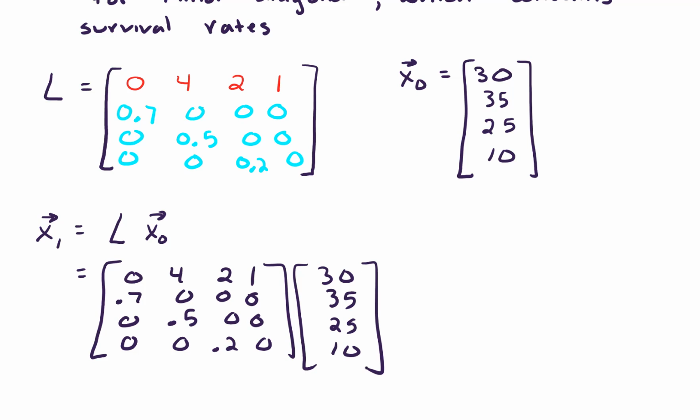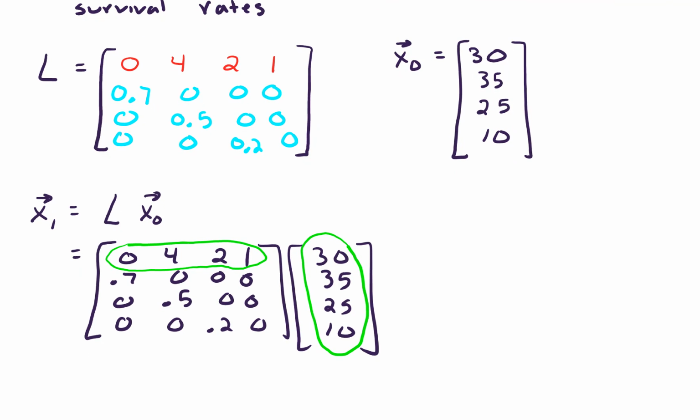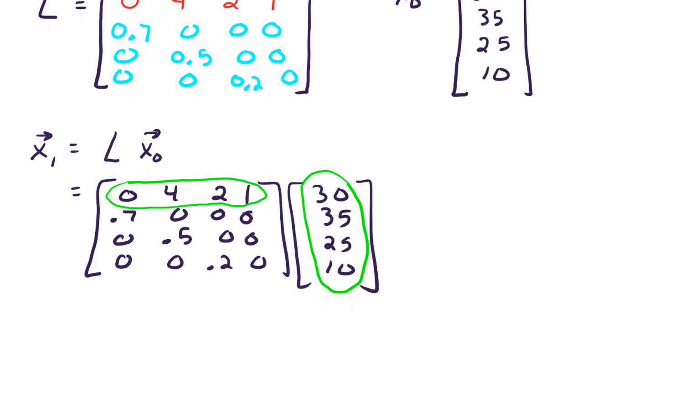And if we look at the calculations we're performing, the first set of calculations is exactly the breeding rates times our initial numbers in each of the age classes. That's going to give us the new number of newborns, and we determined that to be 200.